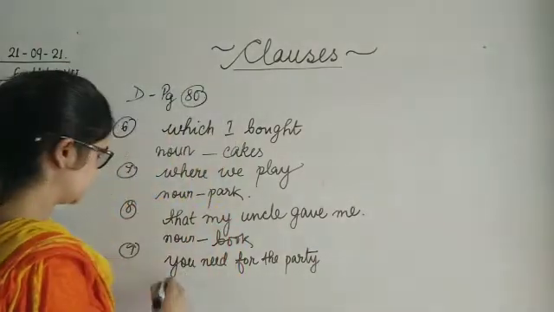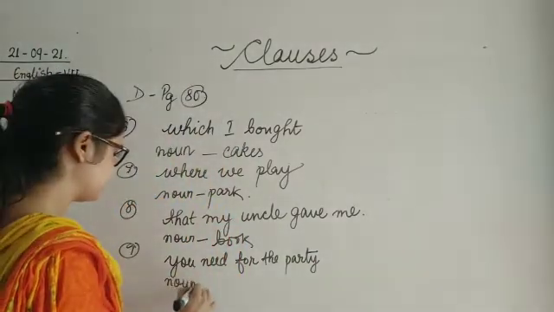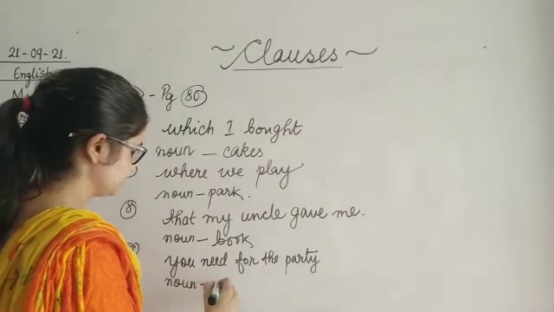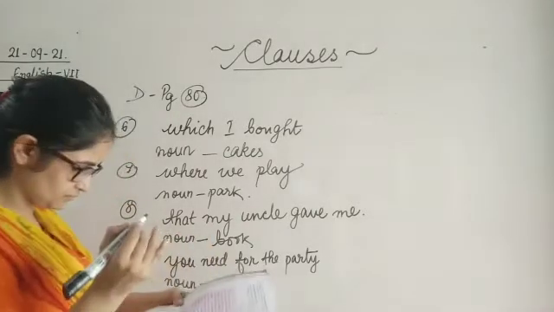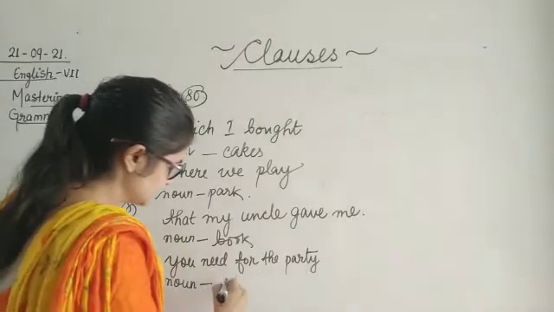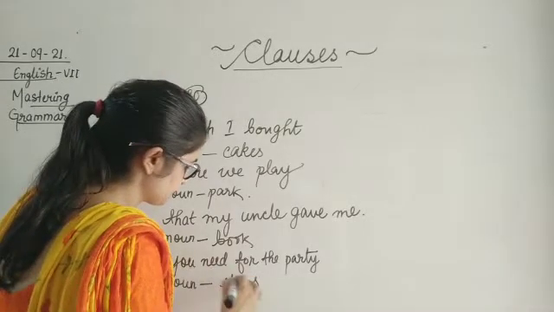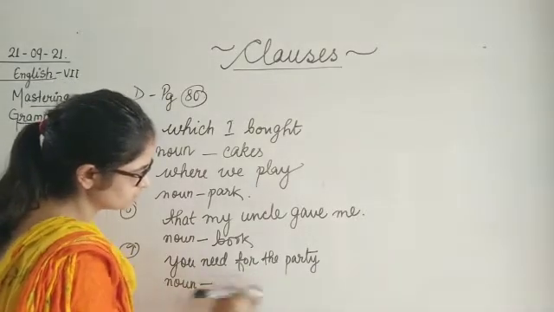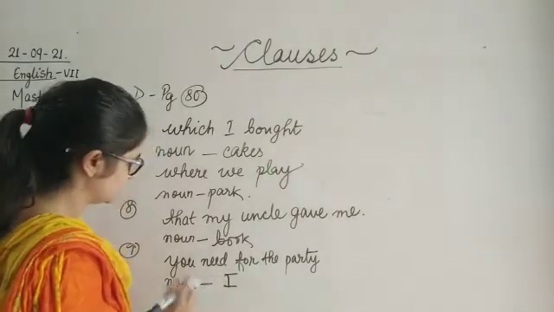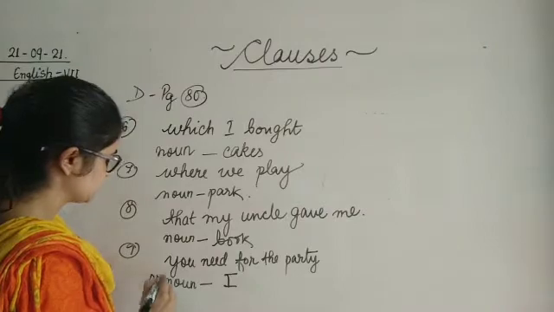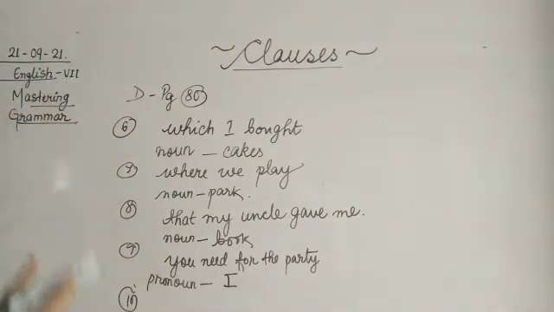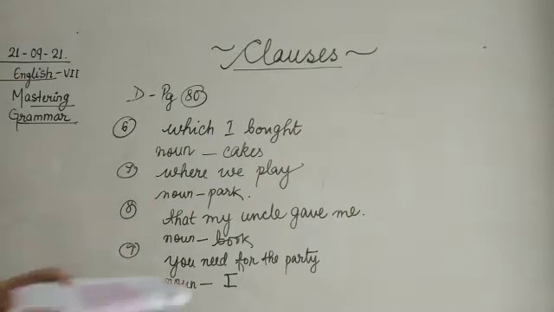Okay, so noun will be items, right? Actually here, who bought it? So I will be, the pronoun will be our word which has been described by this adjective clause.